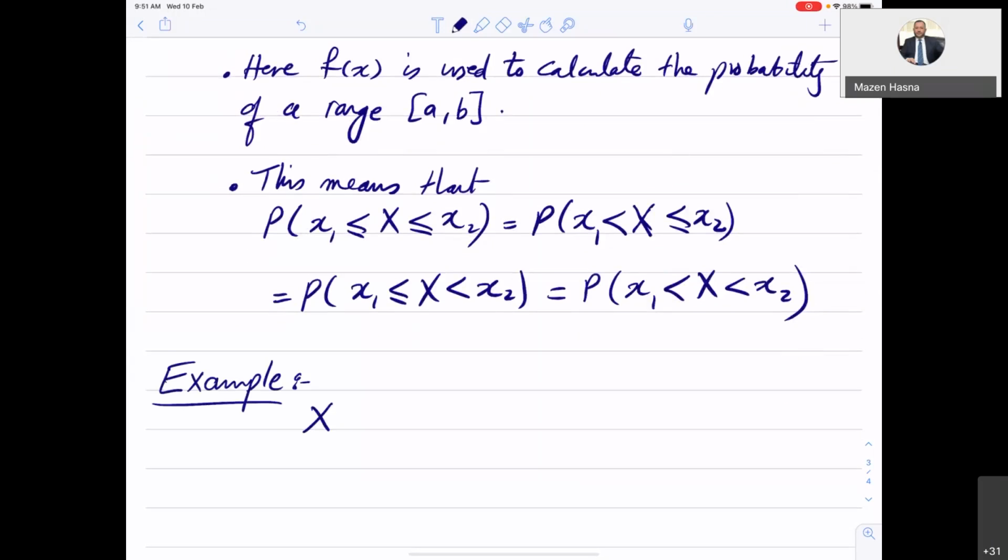So let X denote the diameter of a hole in a metal sheet.